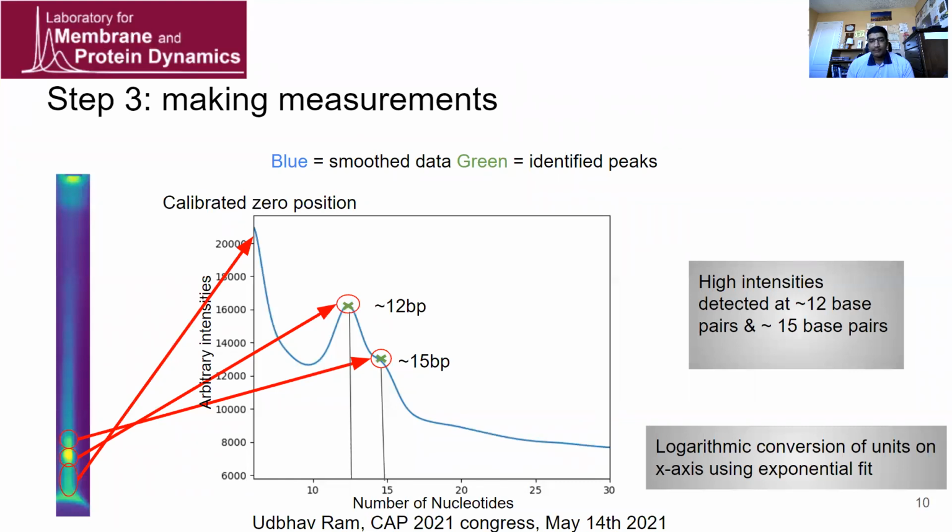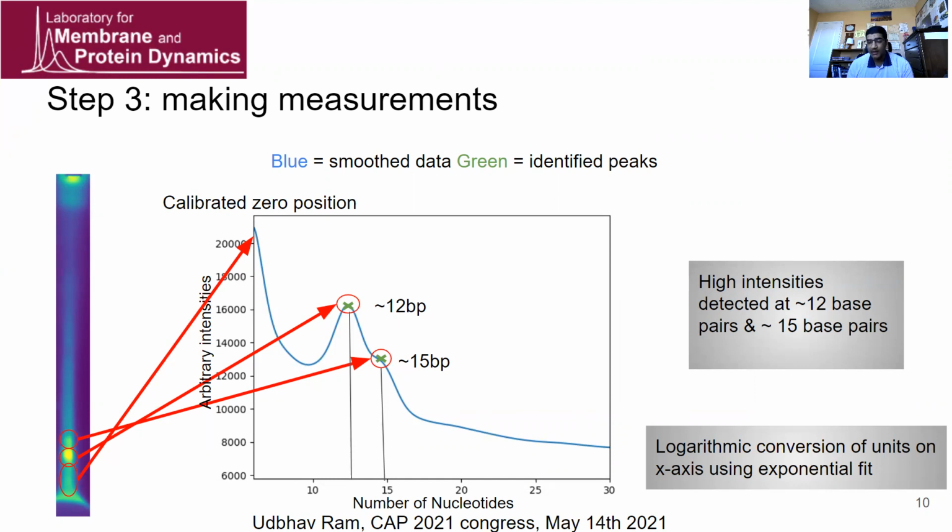Now, the third step is making these measurements. So what exactly does it mean to make a measurement? Well, in this case, it means to identify exactly the nucleotide lengths of these specific columns. So if we take the column on the left here, for example, on the y-axis, we're providing arbitrary intensities, just as with any other scan or any other graph. But the real trick is now on the x-axis, where we're providing the number of nucleotides.